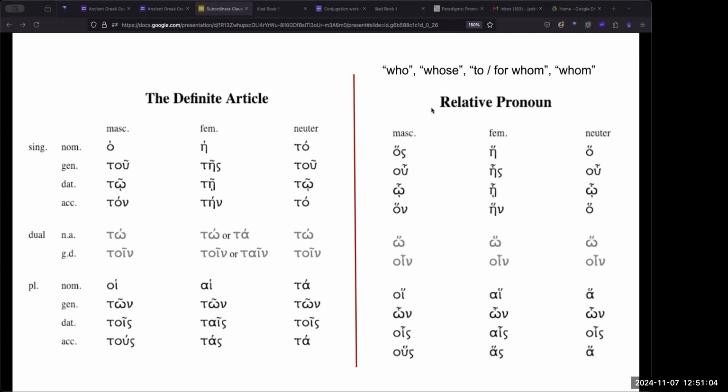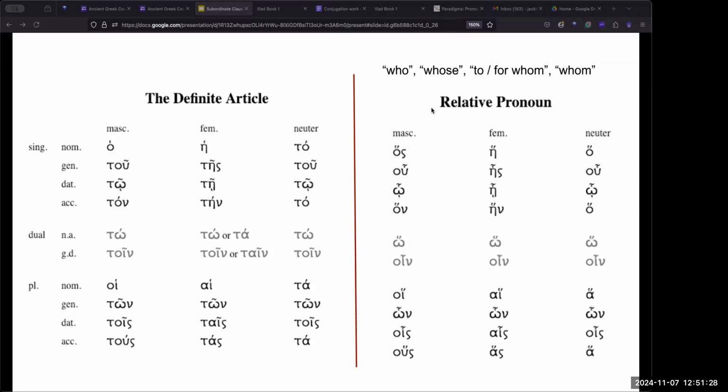And the difference between the definite article and the relative pronoun is that the article has the tau in all the oblique cases, right? It has tou, tō, ton, whereas in the relative, it doesn't have it. Otherwise, it's exactly the same. Okay.